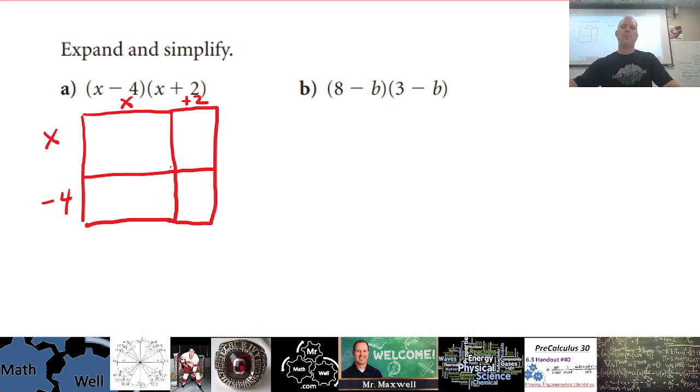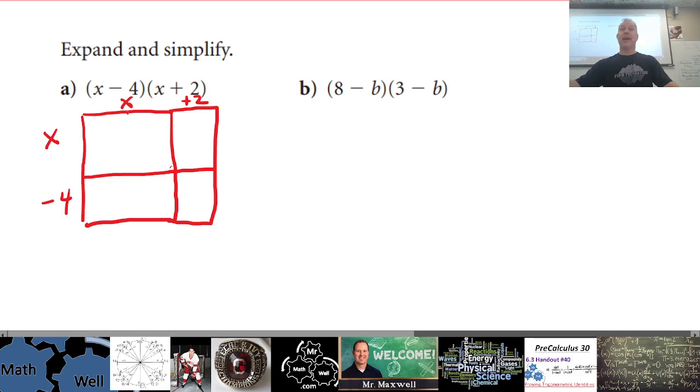So what is x times x? X squared. Very good. Now, if I look at this section right here, that would be -4 times positive x. So what's -4 times positive x? -4x. Okay? Now, what's x times positive 2? 2x.